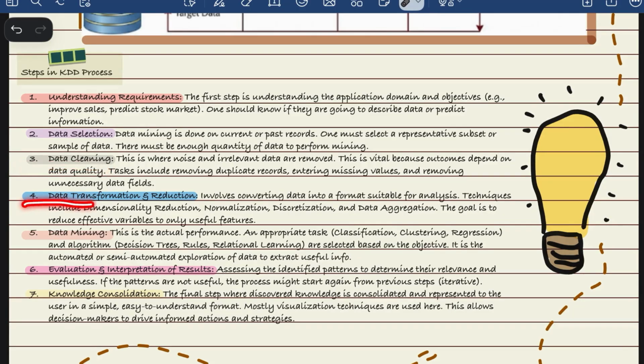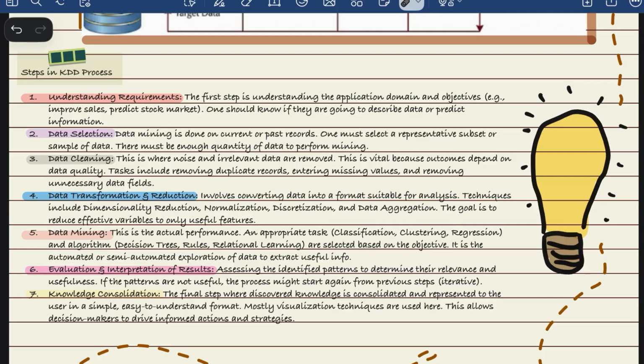And then comes data transformation and reduction. In data transformation, you convert the clean data into a uniform format that is suitable for the analytical math that you will apply going forward. This involves normalization, scaling down variables using dimensionality reduction. In dimensionality reduction, you are reducing the unnecessary columns which are not required for your processing.